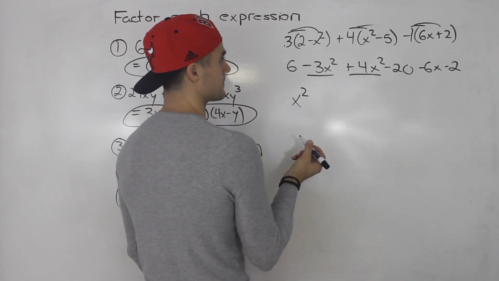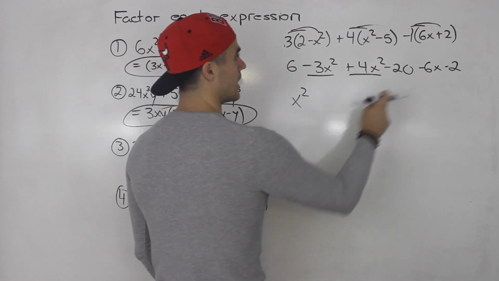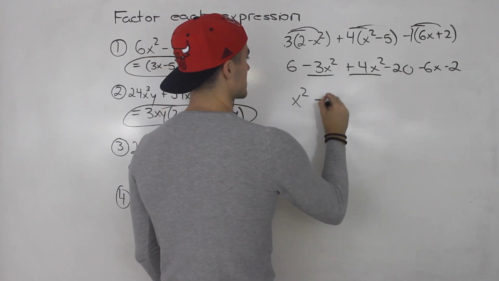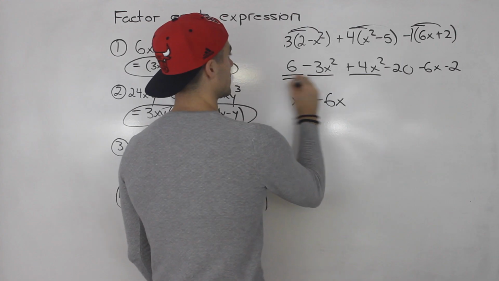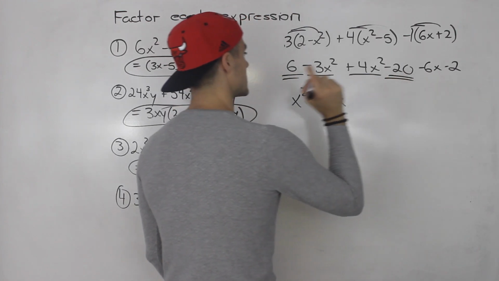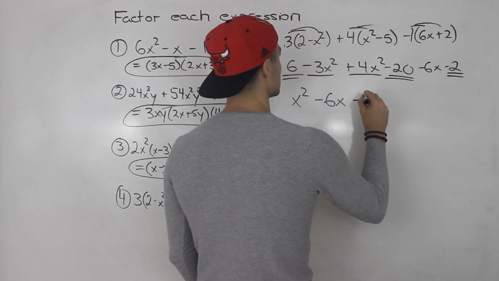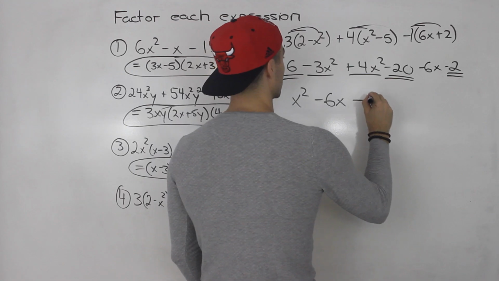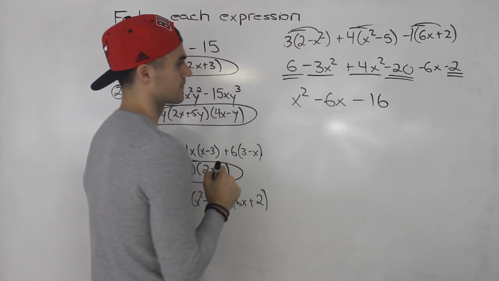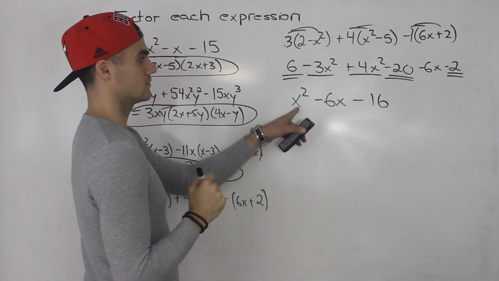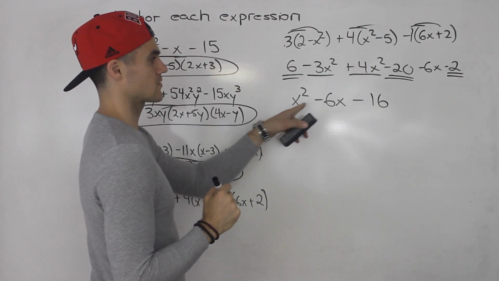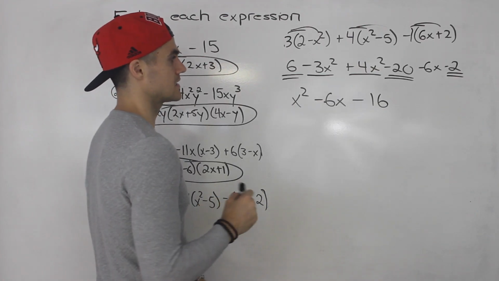Those are like terms. And then this negative 6x is by itself. And then we got 6 minus 20, which is negative 14. Negative 14 minus 2 gives us negative 16. And now we have this simple quadratic, x squared minus 6x minus 16.